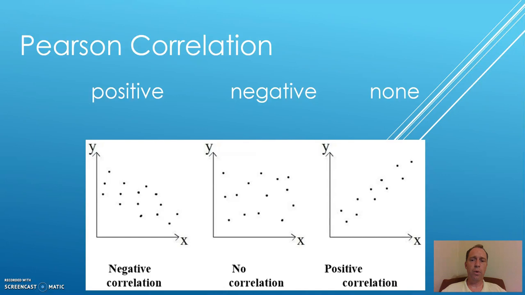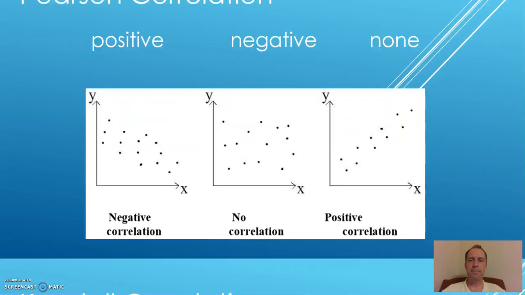That's a positive correlation. Then you have a negative correlation where actually as the y-axis values get higher, the x-axis values get lower. And then no correlation, the way I see this is you've got dots all over the place. So there is no correlation, and that just illustrates that fairly simply.